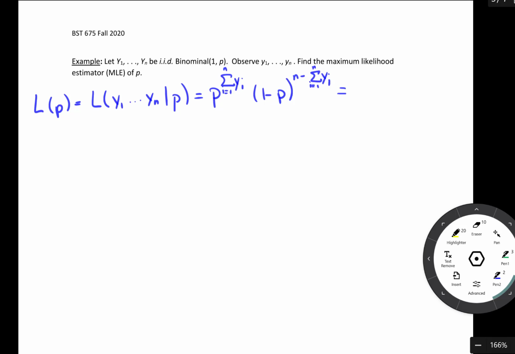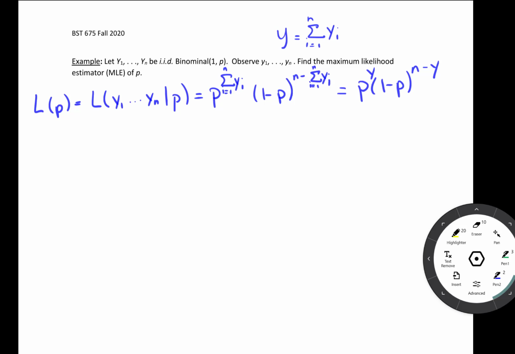And so notice, if we let y be equal to the sum of i equals 1 to n yi, then we have the following. p to the y, 1 minus p to the n minus y.